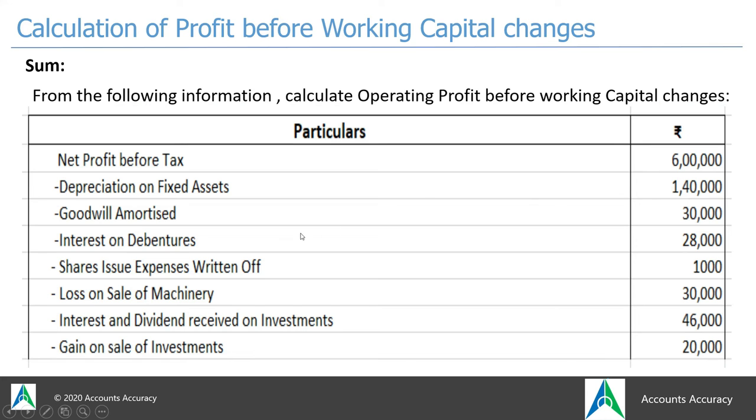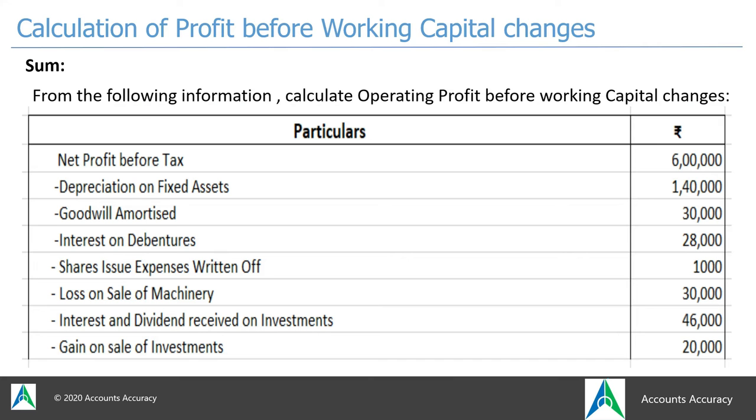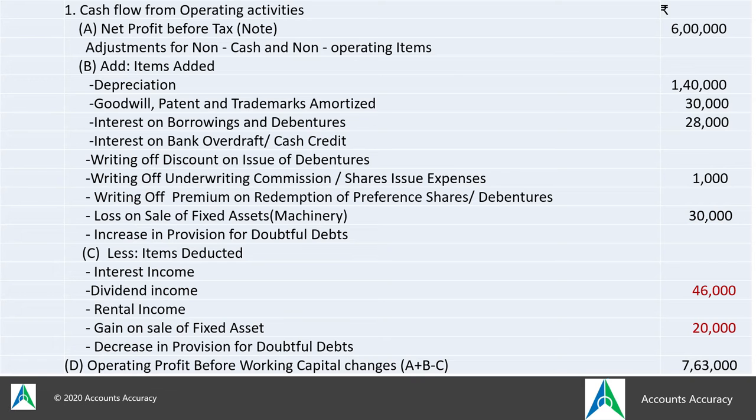Writing off underwriting commission, that is writing off expenses on share issue, that is 1000, that must be added back because again it's a part of financing activity. Then we have loss on sale of machinery. As I told you, no cash has gone out for this, hence it must be added back. So loss on sale of machinery, that is 30,000, should be added.